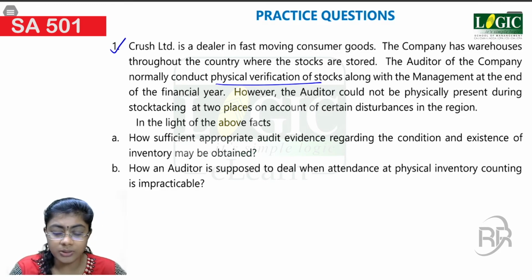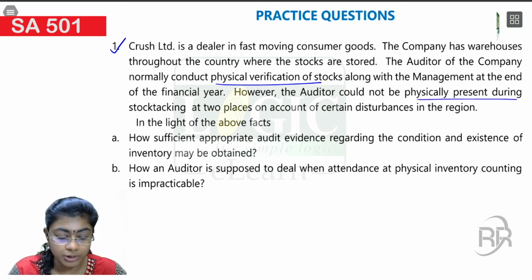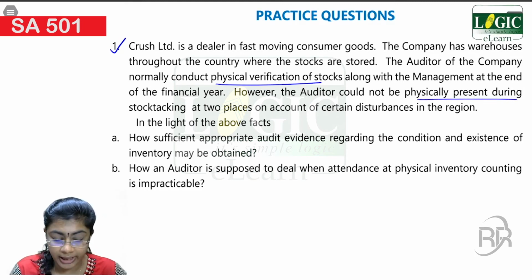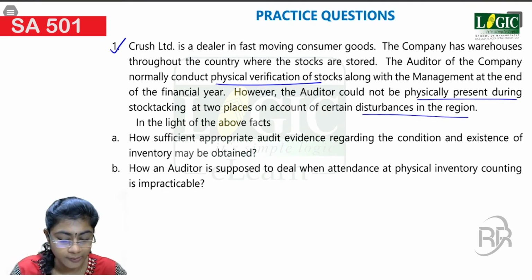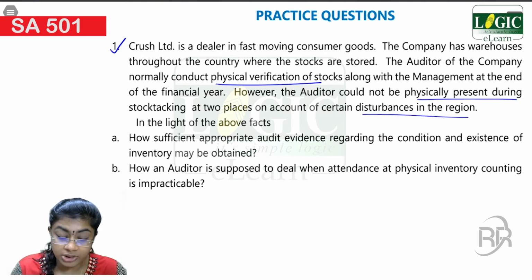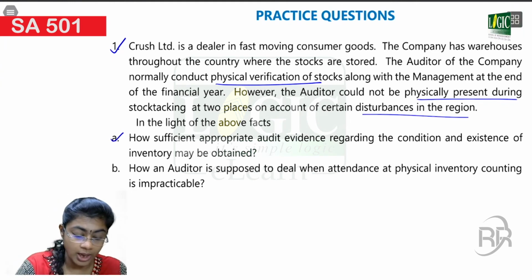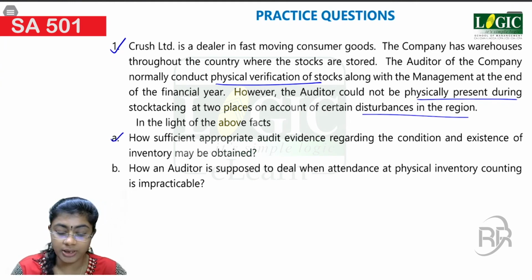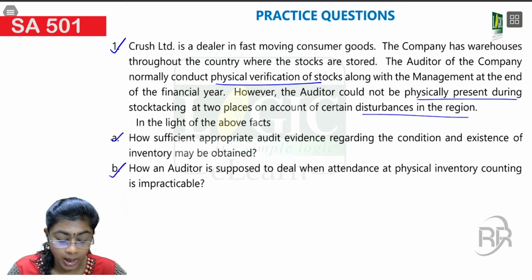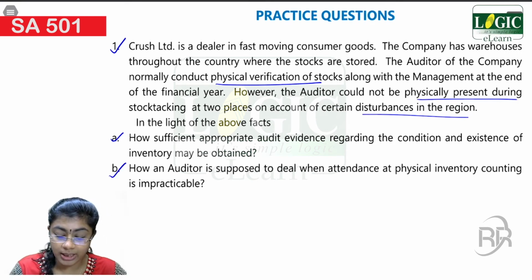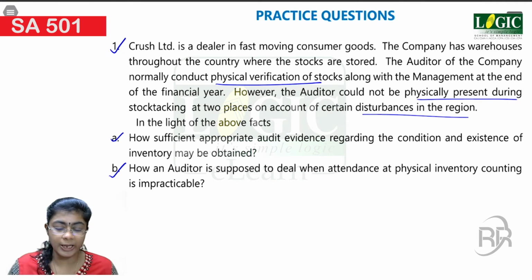However, the auditor could not be physically present during the stock taking at two places on account of certain disturbances in the region. In the light of the above facts, A. How may sufficient and appropriate audit evidence regarding the condition and existence of inventory be obtained? B. How is an auditor supposed to deal when attendance at the physical inventory counting is impracticable?